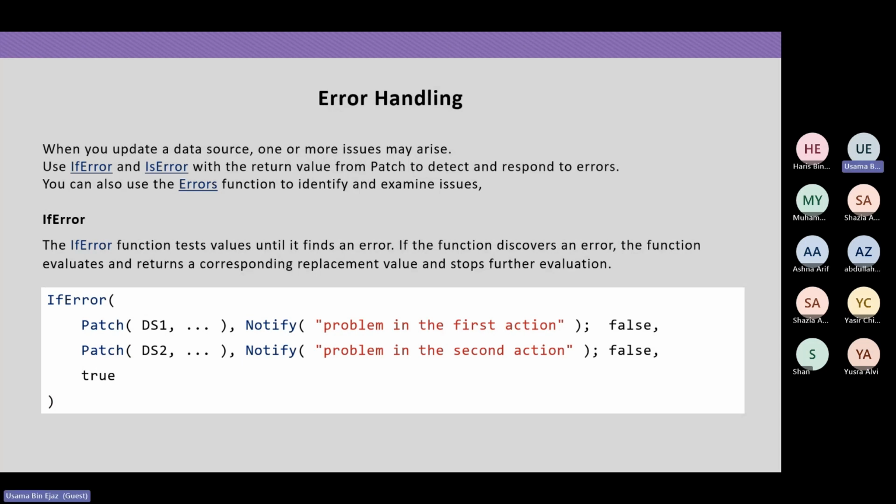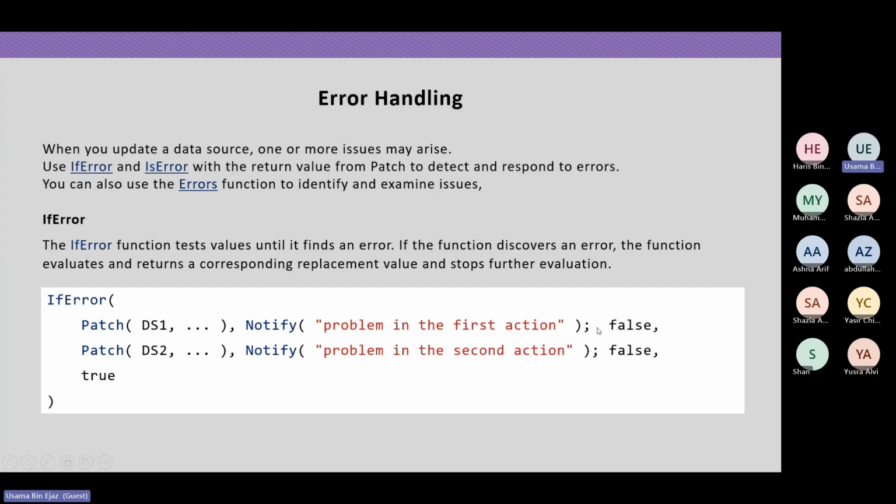And besides patching, we'll also see that if any error occurs during the updation or creation, how can we handle that error also? So there are a few ways. There can also be other ways, but here I have mentioned these three ways. One is the IfError. IfError is something like this: you specify the function which might be inserting or creating the record, and if any error occurs, it will notify the problem in the first action.